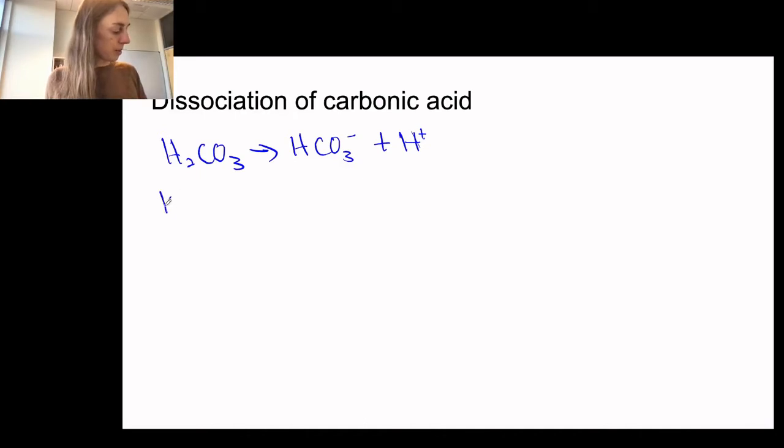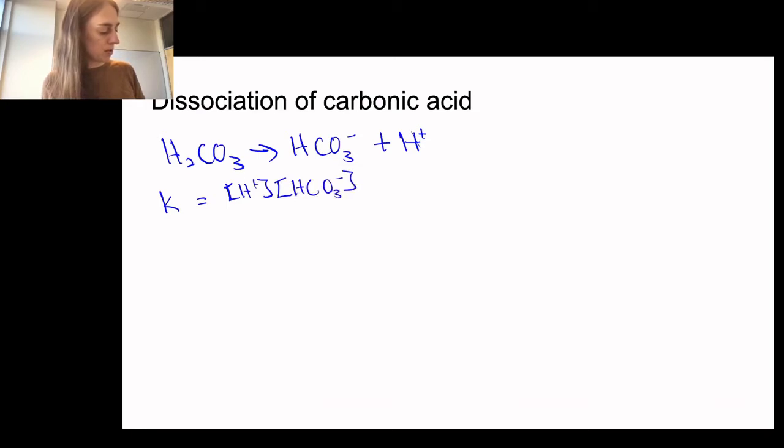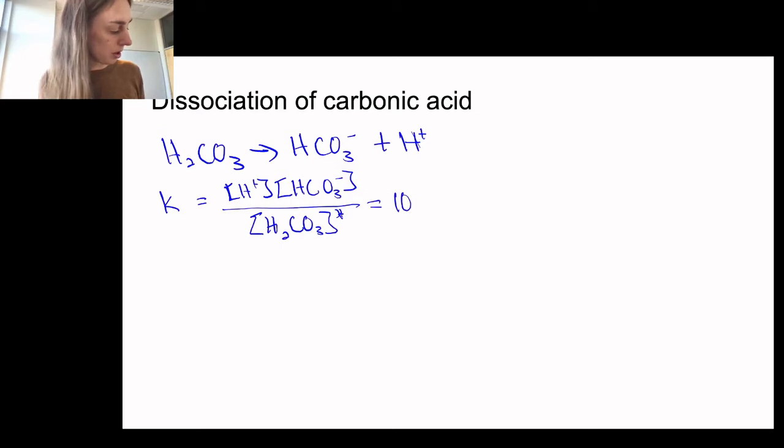And our equilibrium constant for this is the concentration of protons in solution times the concentration of bicarbonate all over our concentration of carbonic acid, or CO2. And this equilibrium constant is 10 to the negative 6.4. Okay, so that's the first step, so you'll frequently see this denoted as K1.